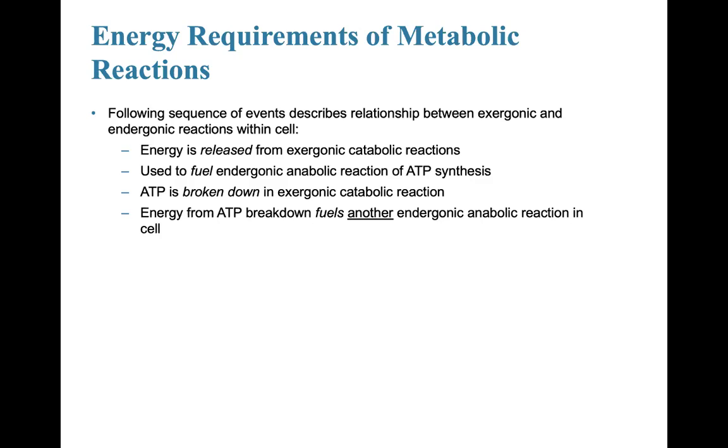So essentially what this is saying is that you break down molecules to release energy, store it as ATP, that ATP gets used, and the energy from the ATP then fuels an anabolic reaction, meaning you're not always going from a catabolic reaction to an anabolic reaction. ATP is the middleman, and that's how you can actually store energy.